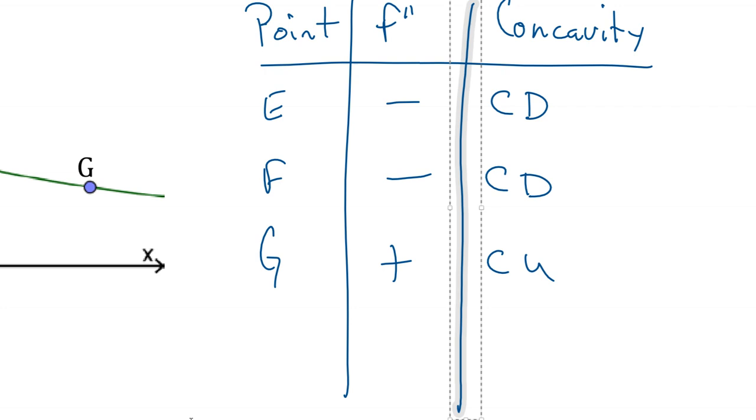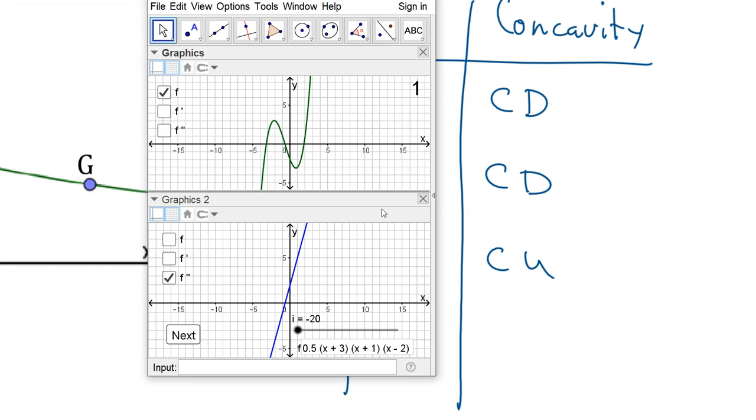Take a look here. This might help. I'm not going to take up too much time doing this because we have 3 examples that we want to get to. Here's the original function on top. Here's the first derivative. Okay? And watch what I'm going to do. So I'm going to drag this, and the function is increasing, and the first derivative is positive.